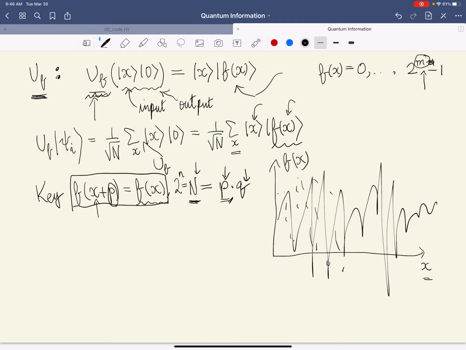But suppose that in fact this was not a random function, but in fact this was a periodic function.